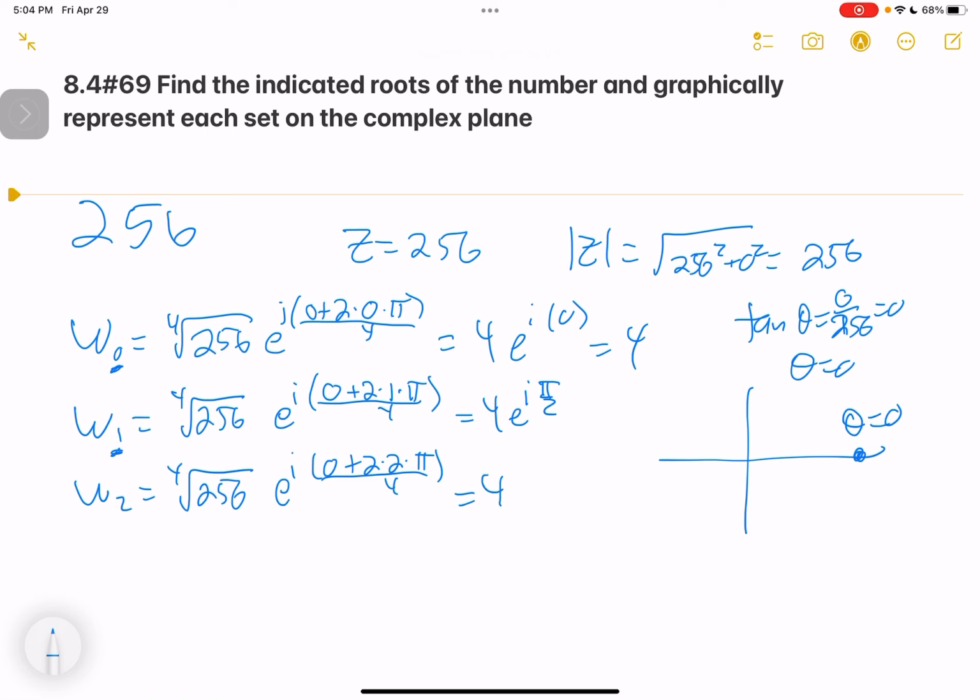And that's 4e to the pi i. And then our W3 is going to be the fourth root of 256 times e to the i times (0 plus 2 times 3, that's our index now, times pi), divided by 4. So it's going to be 4e to the 3 pi over 2 i.